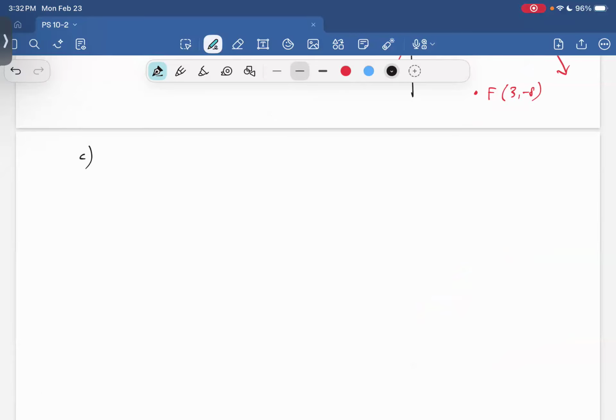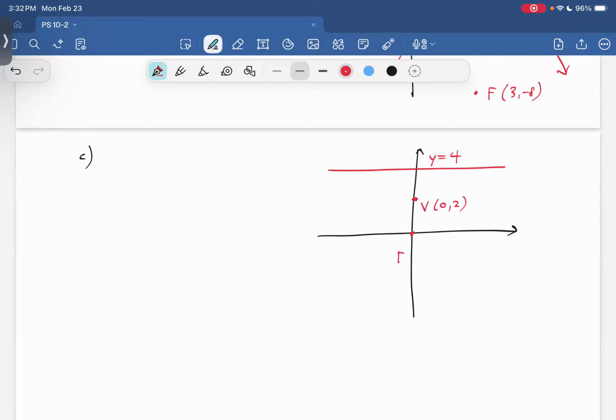Part C. Now we're given the vertex 0, 2. We're also given the directrix y equals 4. And so that tells us that the focus must be at the origin, because the vertex is in between the directrix and the focus.